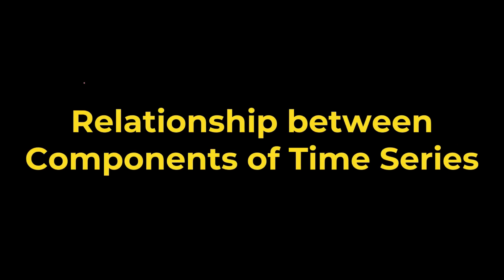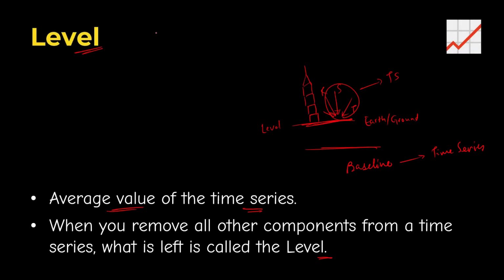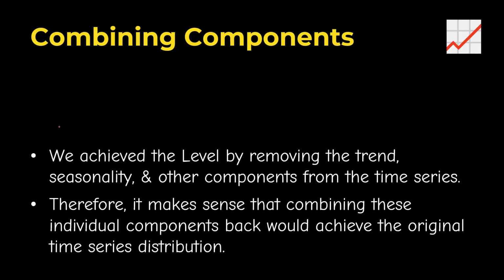Now let's see the relationship between components of a time series. In the last slide we saw an example of different components coming together to build a time series over the level, right? We've achieved the level, the baseline, by removing the trend, seasonality and other components from the time series. Therefore, it makes sense that combining these individual components would give us back the original time series, right?